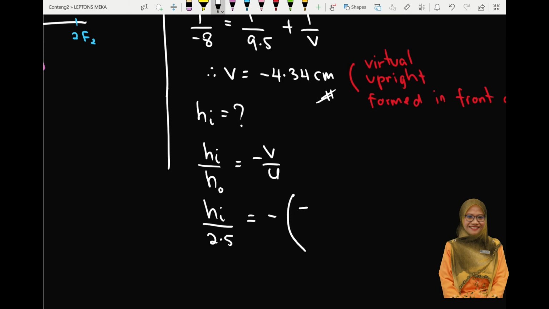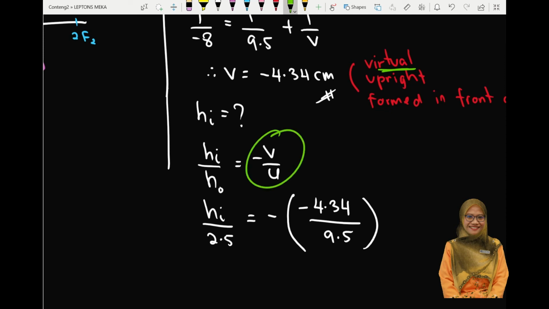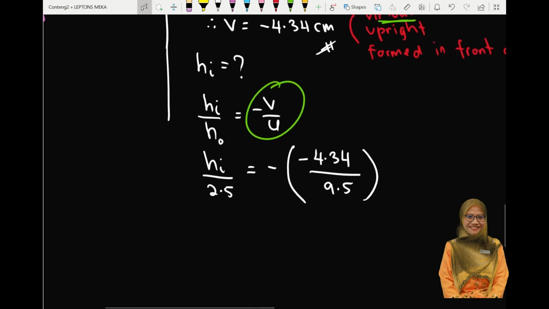Don't forget to substitute the negative. Negative 4.34 over object distance is 9.5. Kenapa wajib? Sebab image kita is virtual image. Compulsory. To use this one, V positive or negative, it is compulsory. Wajib letak. Alright, then you can get the final answer is 1.14 cm.